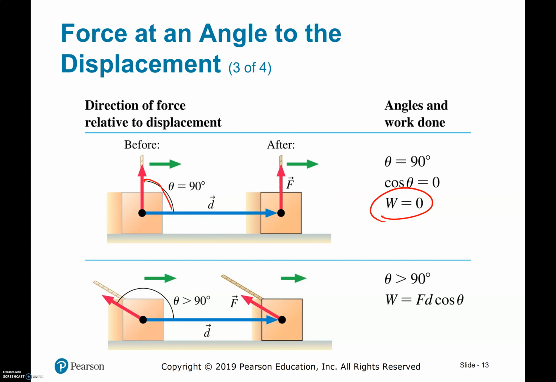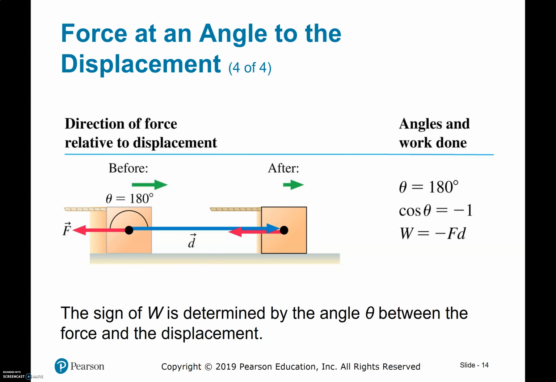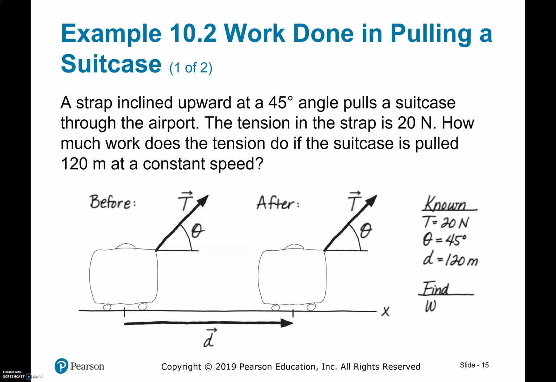There's no work being done. If this angle is more than 90 degrees, then this cosine theta is negative and this work is negative. And finally, if the angle is 180 degrees, it's minus F D, and the cosine of theta is minus 1.